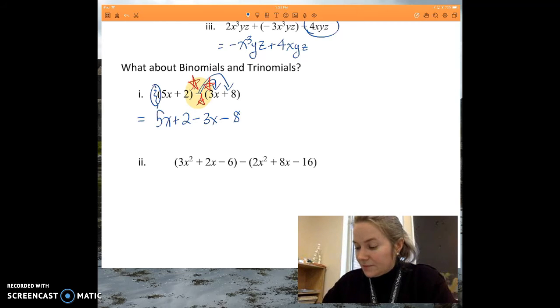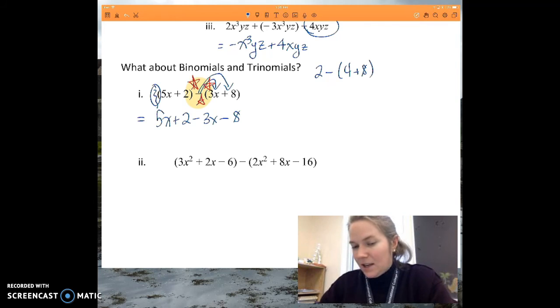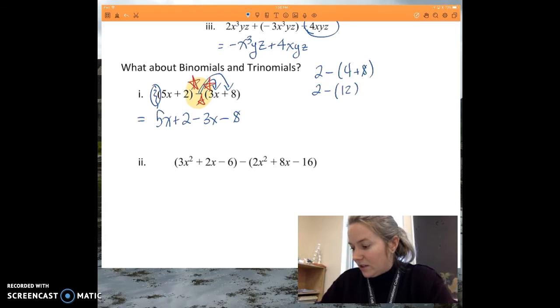How does that work? Remember, if I said we have 2 minus, let's say, 4 plus 8, what do I need to do? The rules of BEDMAS tell us to do the brackets first. So then we go 4 plus 8 is 12. 2 minus 12 is negative 10. Right?